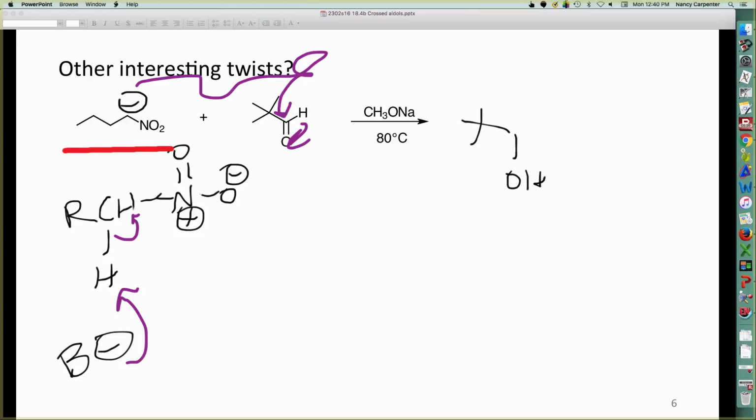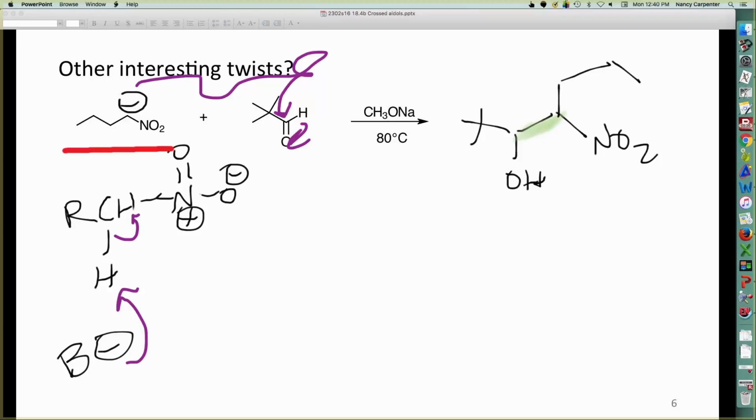There's my OH. Here is my NO2. Here is the new bond I just made. Here's the rest of my molecule. It was a 1, 2, 3, 4 carbon long molecule.